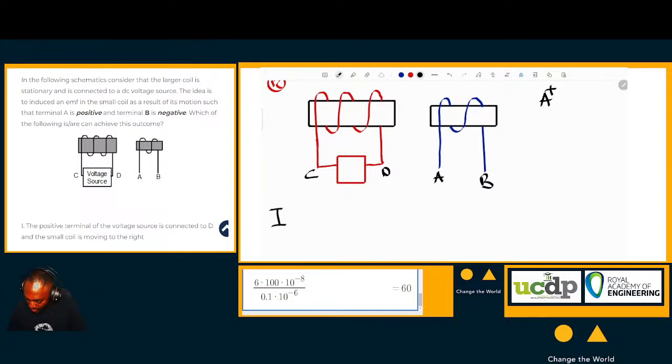Okay. Which means that D is positive and C is negative. If they've given us the direction, it means they've given us the direction of flow of current. If you follow the coil, our current will be like that, like that.